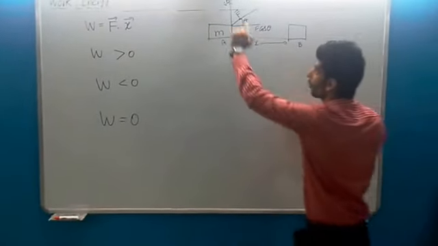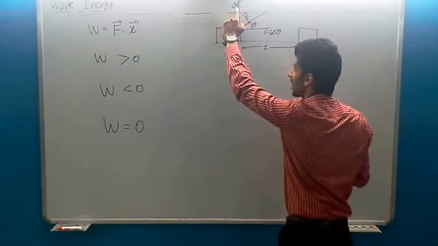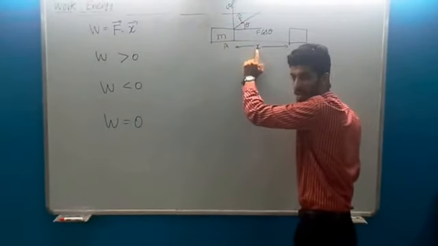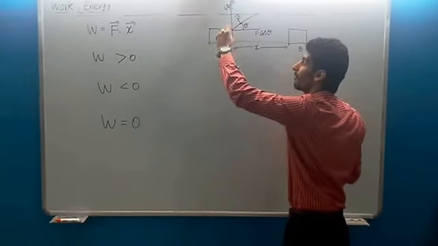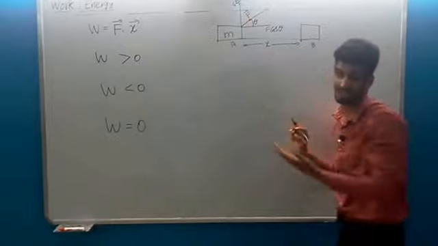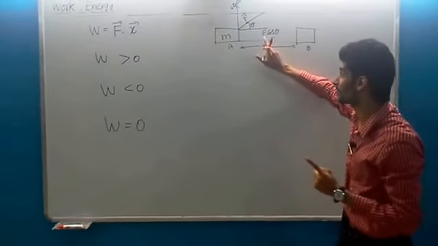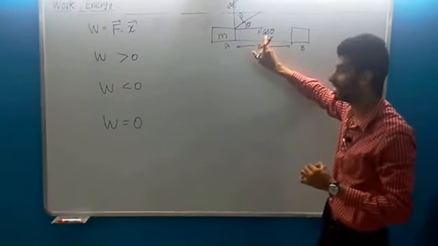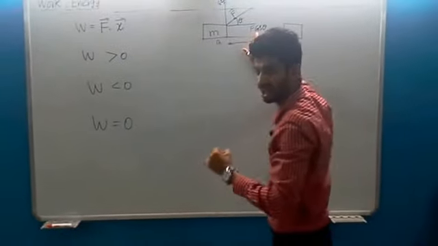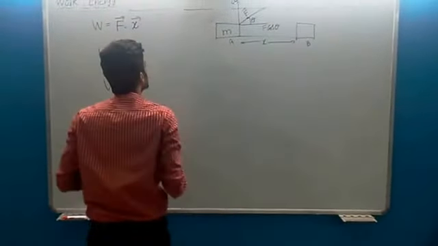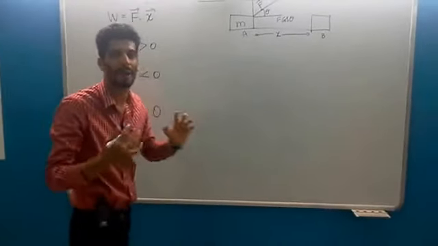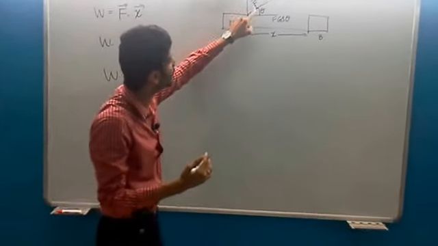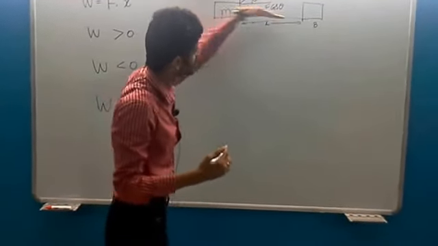Remember, this vertical component is exactly normal, or perpendicular, to the displacement X. So there is no contribution to work from F sin theta. Only the horizontal component, F cos theta, contributes. So the work term depends on in which direction you apply force, or the angle between the force and the displacement.